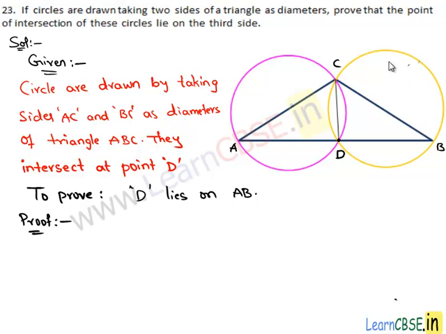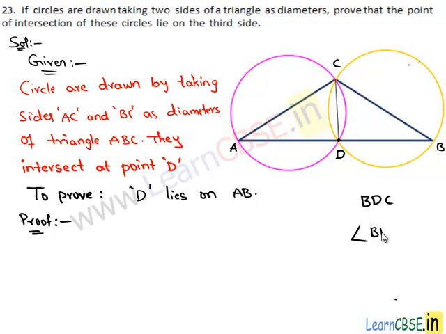Now consider the circle with diameter BC. Here we note that we form a triangle BDC. This triangle is formed in a semicircle of this circle. Therefore, the angle in a semicircle is a right angle.